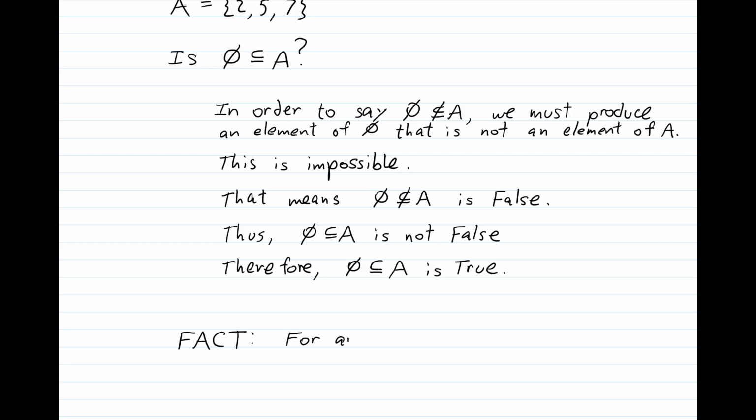For any set A, we have the empty set is a subset of A. Okay? So that's very important to remember. The empty set is even a subset of itself, because it's a subset of every set.